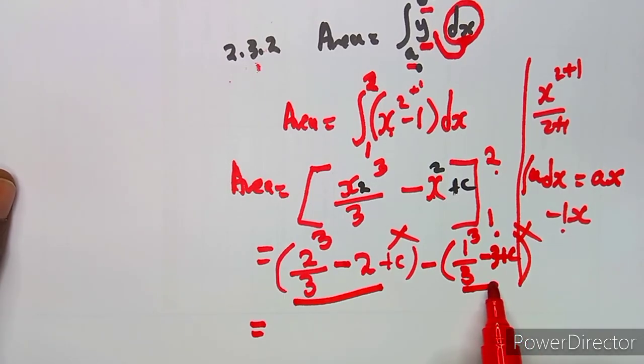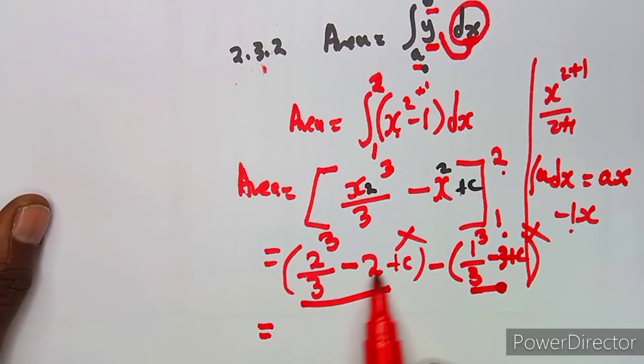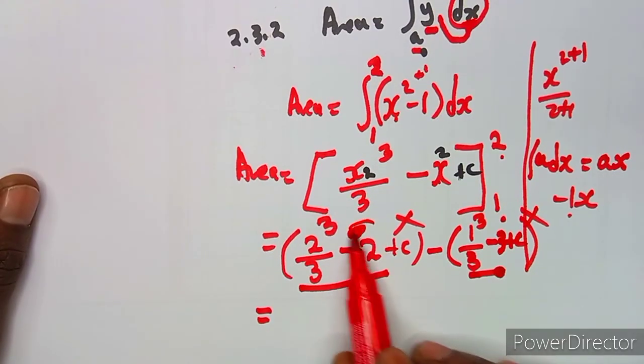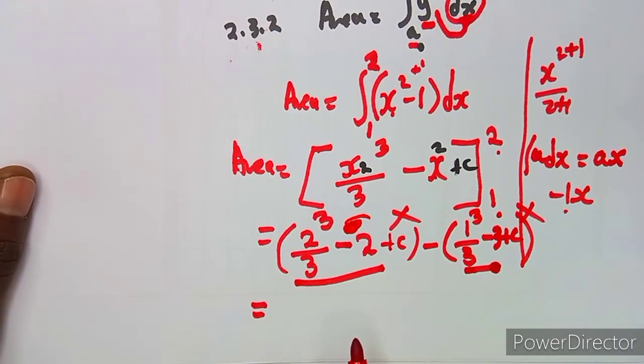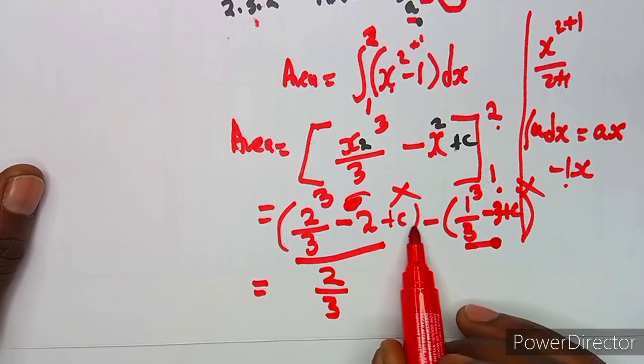I don't know what we are going to have at the end, but if you simplify this part alone, this one is 2 over 3, if I'm not mistaken. This one cancels.